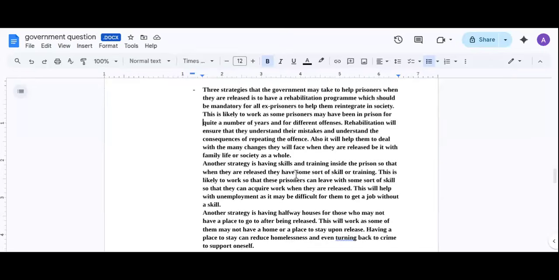Another strategy is having skills and training inside the prison so that when they are released, they have some sort of skill or training. This is likely to work so that these prisoners can leave with some sort of skill so that they can acquire work when they are released. This will help with unemployment as it may be difficult for them to get a job without a skill.